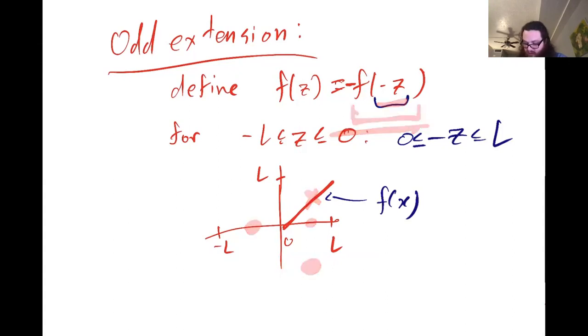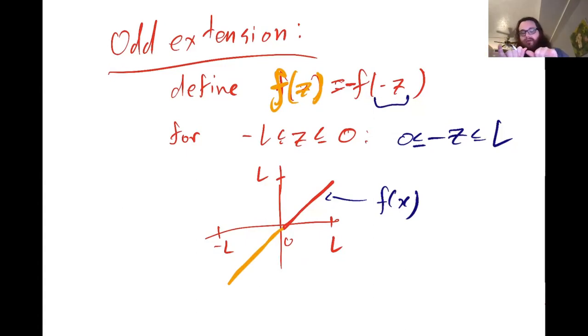Okay, and we're going to draw that right there. Do orange. So I'll write f of z is going to look like that. Okay, so we're extending the function from 0 to L to negative L to 0 so that everywhere here it is an odd function.